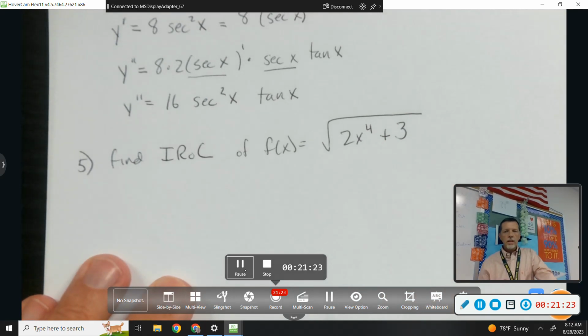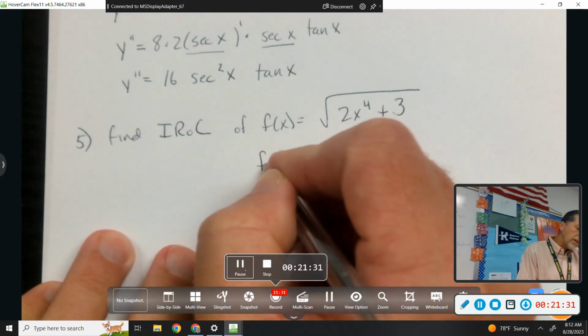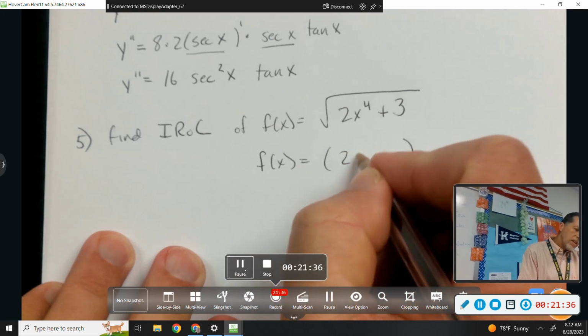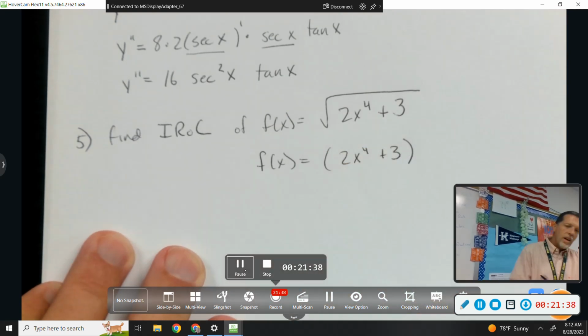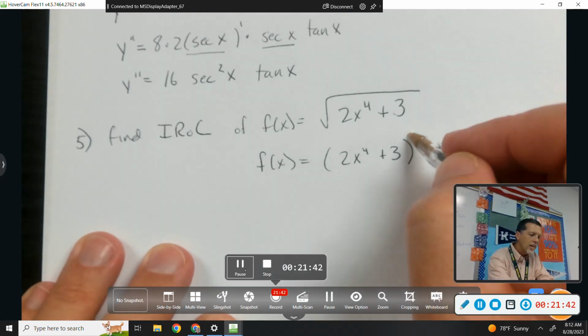How do we find the derivative of square roots? What's another way to write a square root? What power would be the same thing as a square root? 1/2. So I'd rewrite that as a 1/2.